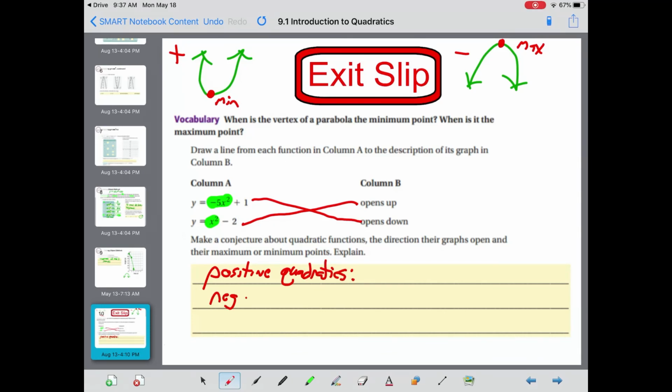Positive quadratics open up. They have a min. Negative quadratics open down. And they have a max.